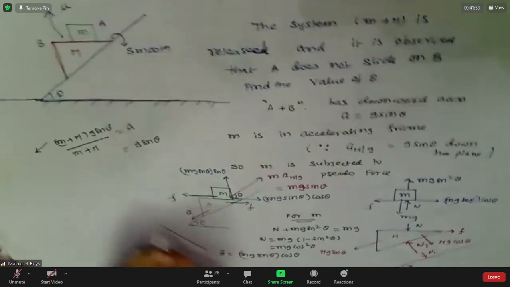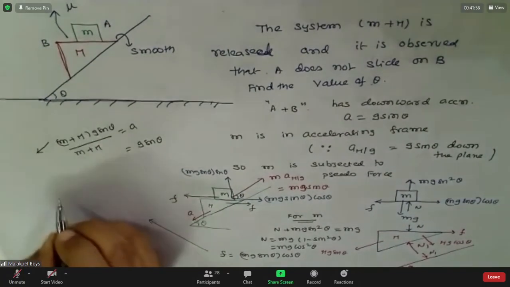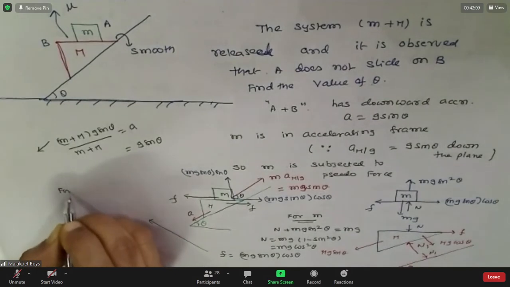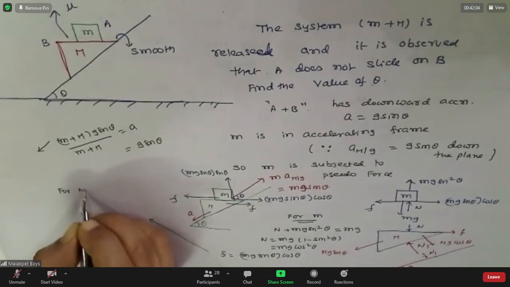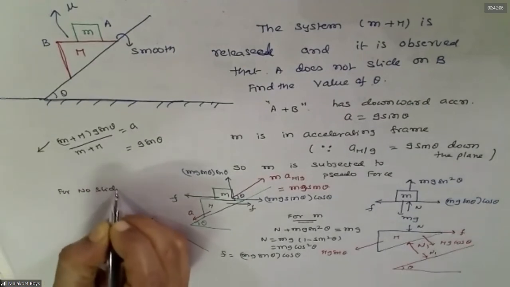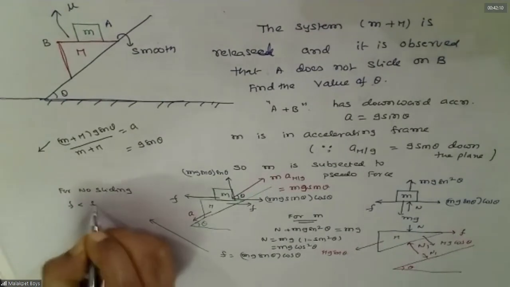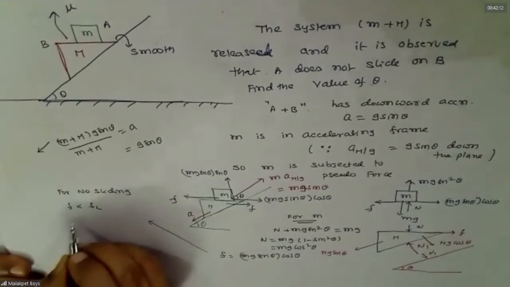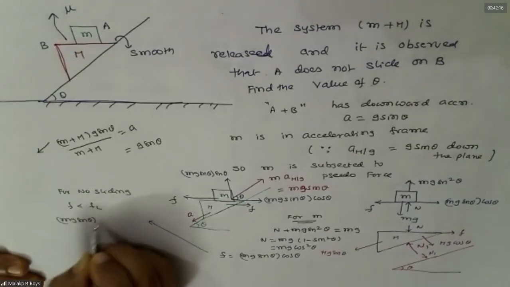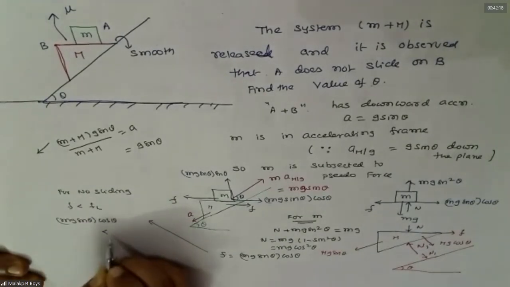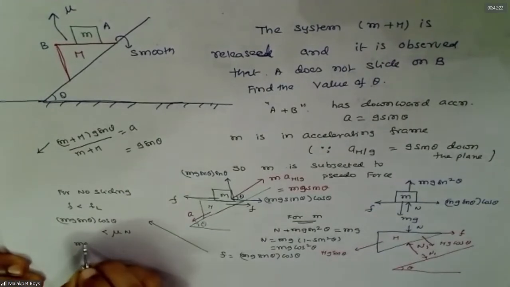So see, limiting friction now. You know this? Mu N. Substitute that N value here.